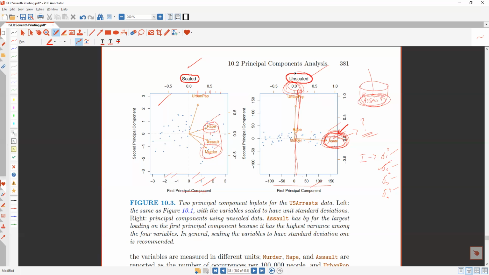So you don't want to think that the unscaled analysis is like some kind of faulty analysis. That's not the point. You don't want to say, well, unscaled is like the wrong analysis. It's not the wrong analysis. It's just looking at things from a different perspective from the scaled. And it's not a simple transposition of one analysis to another. That's the point. But I want to emphasize that don't pick on components analysis for doing something like this, because this is exactly what it should be doing.